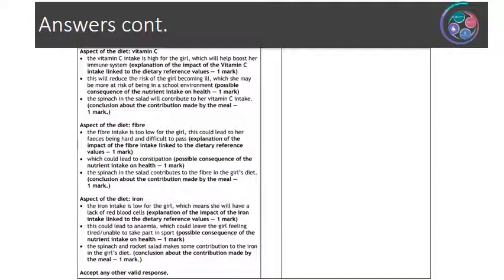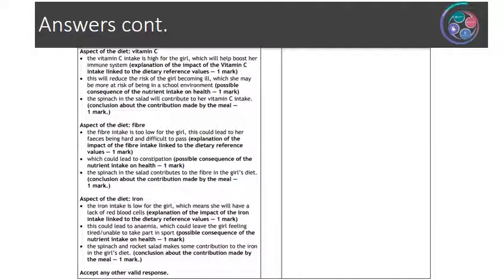You could have also chosen vitamin C. The vitamin C intake is high for the girl, which will help boost her immune system, 1 mark. This will reduce the girl becoming ill, which she may be at more risk of being in a school environment, 2nd mark. The spinach in the salad will contribute to her vitamin C intake, 3rd mark.